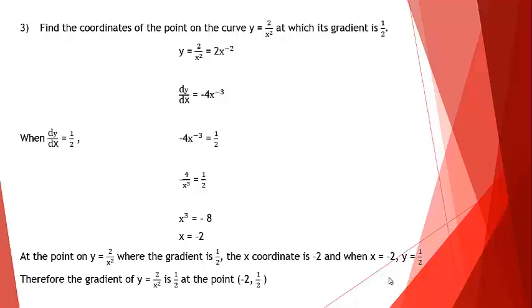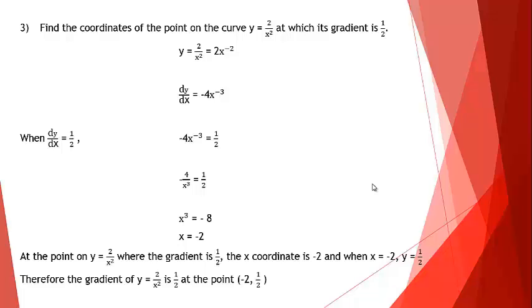So now we have two values for the gradient. When we equate those two values, we get -4x to the power -3 equals 1 half. By taking the x to the power -3 to the denominator, we get -4 over x cubed equals 1 half. By cross multiplication, we get x cubed equals -8.